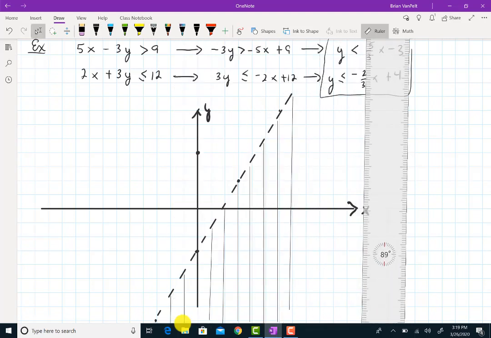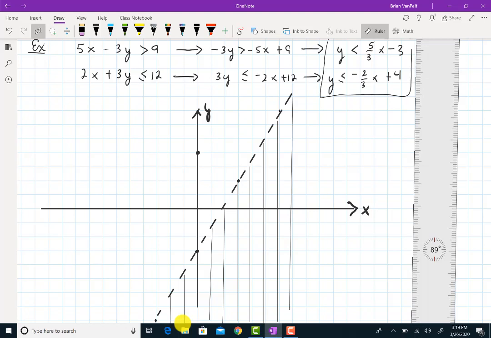Alright, I've got my shading in. Hopefully it looks less obtrusive than it was before.